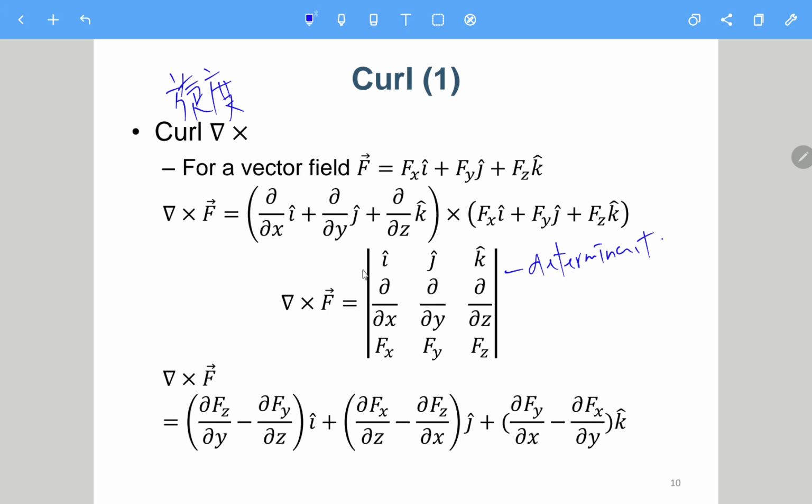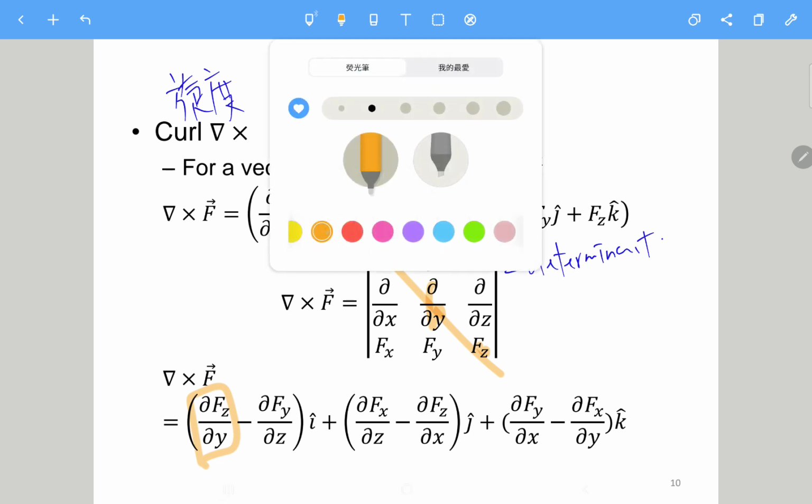Determinant, 行列式, to calculate the cross product. Or in the other way, you can also distribute the first term with the first term, the first term with the second term, and you will get the same thing. But as it is a 3 times 3 determinant, you can calculate something like i partial y fz, and this direction is positive. So we have i partial y fz, which is this term. And then we try to see another term, we use yellow color.